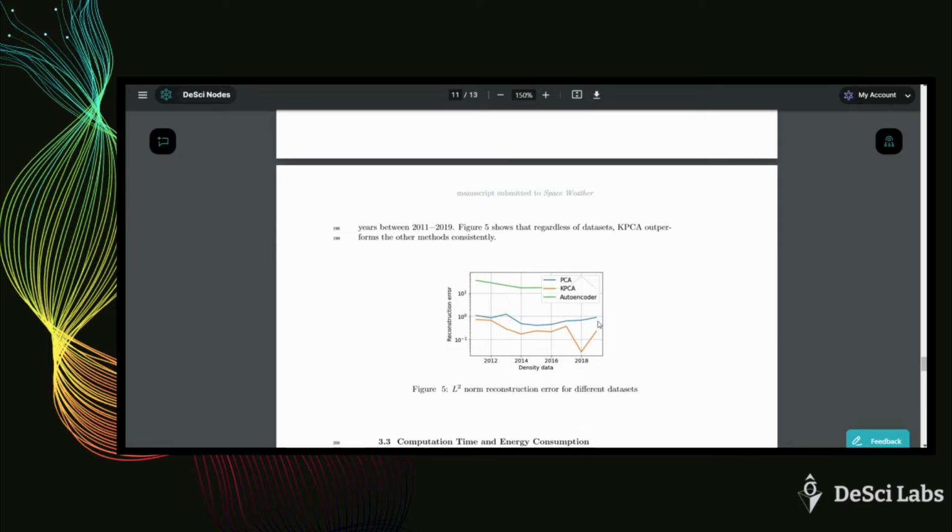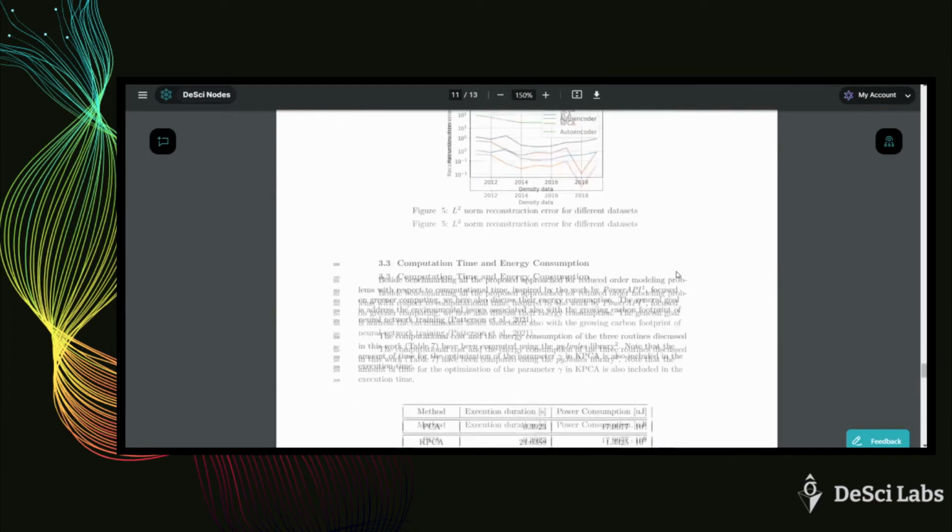Of course, the trend of the reconstruction error across different years is not monotonic, but this is not something that we care about, because this is just the data. So maybe we had some errors in those data, or maybe the data was smoother. I mean, we have no idea. But the important point about this figure is that the conclusion that we came up with about the importance of KPCA is constant through each year.